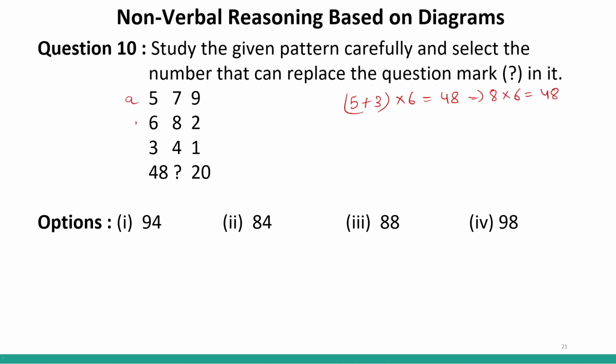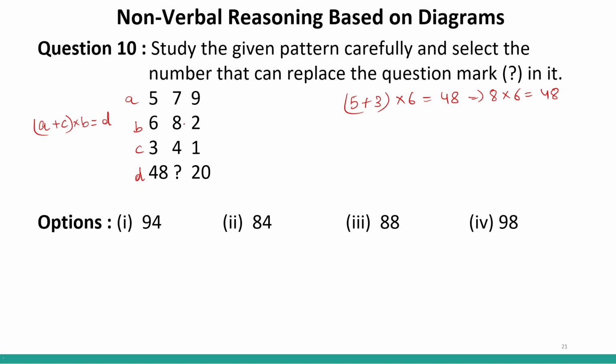So if this is A, this is B, this is C, this is D. The logic is that A plus C into B gives me D. So the logic is that (A + C) × B = D. Okay. So this will give me 48.